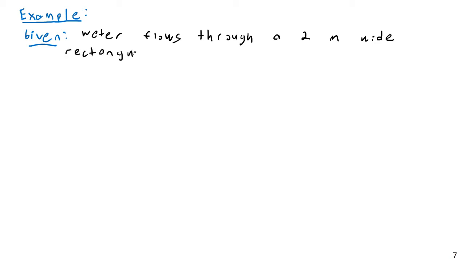I'm told that water flows through a 2 meter wide rectangular channel with a velocity of 3 meters per second.